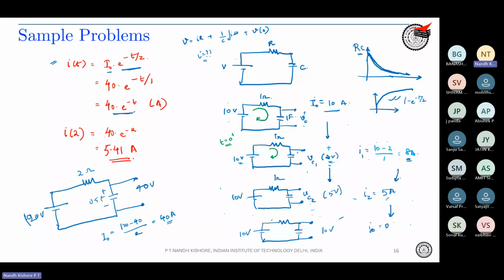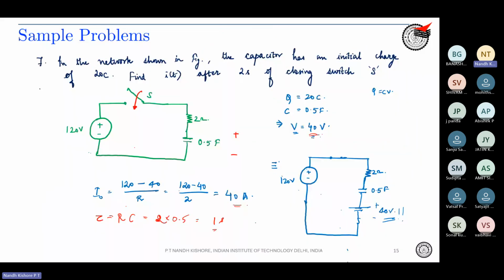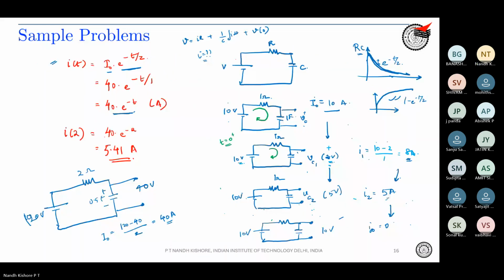So the current will also decrease exponentially, that is e power minus t by tau, into whatever your initial current I naught is. Initially I have 40 volts, since they have given 20 coulomb. So the current would be 120 minus 40 divided by 2, that is the initial current, into e power minus t by tau. Directly the answer is done. Did you understand this question?